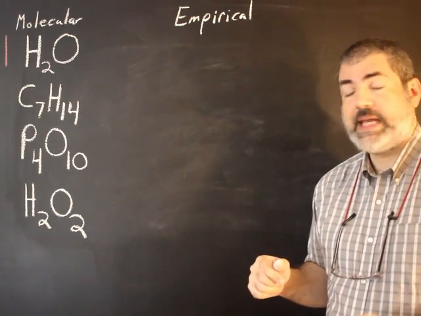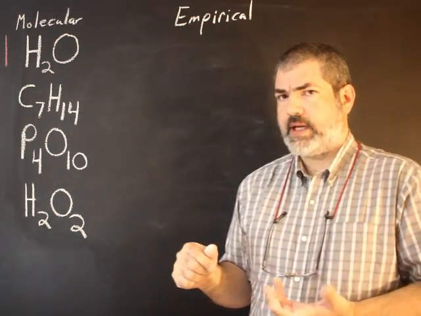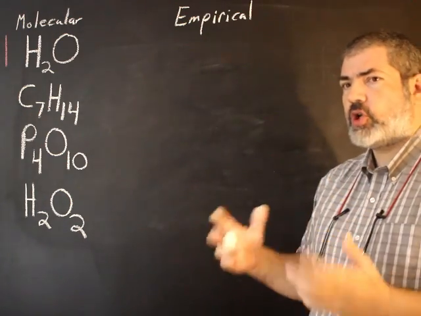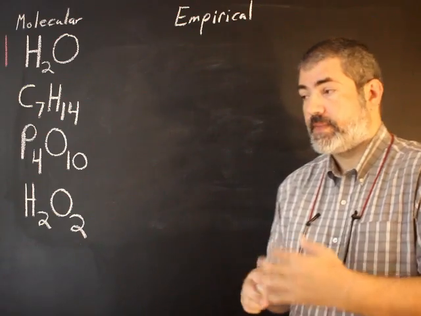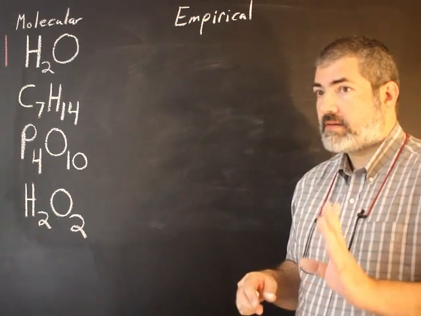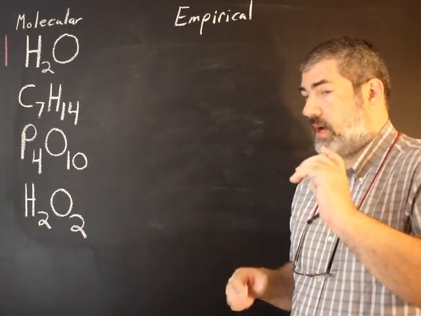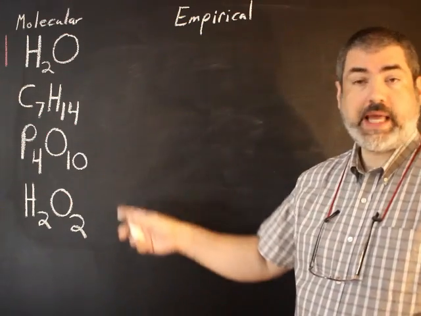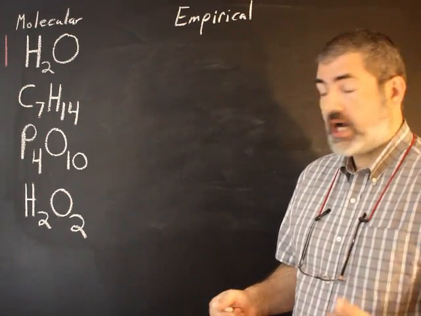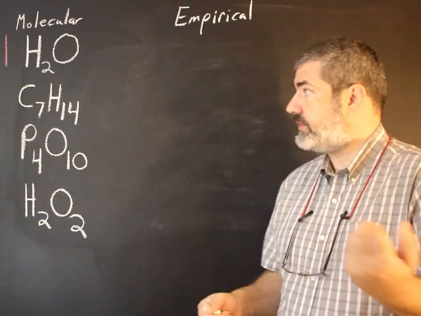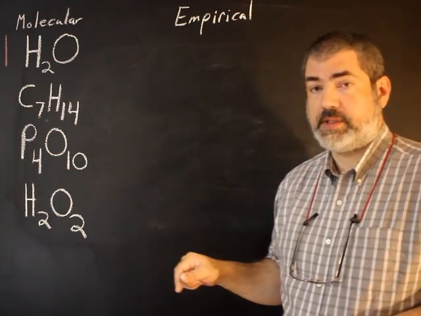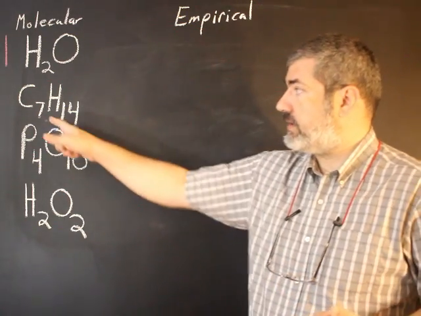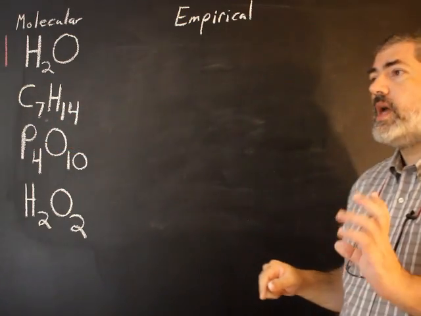Now, sometimes when we're looking at a chemical formula, what we realize is that the ratio of atoms is not the lowest common denominator. That is not a bad thing when you're talking about molecular formulas. In other words, if I have, we'll see in this case, 7 carbons to 14 hydrogens, well, the lowest common denominator, I can divide each by 7.